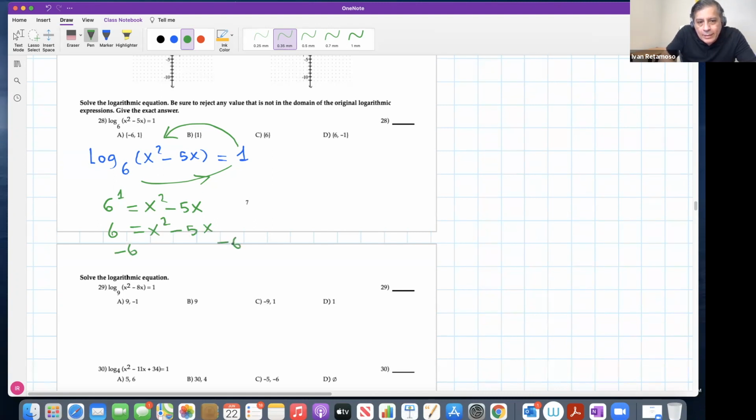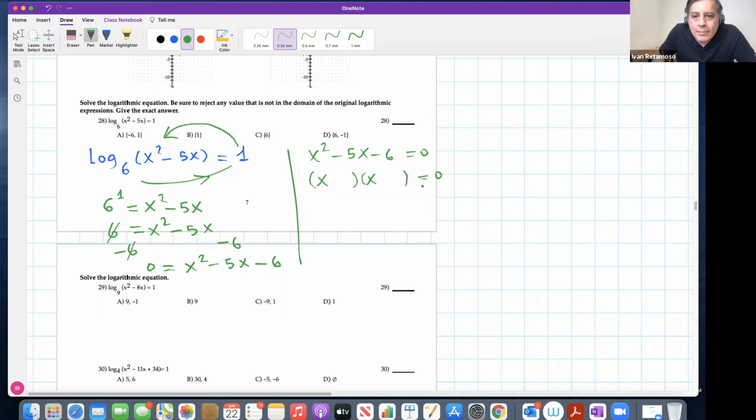Let me move the number 6 to the right so I can leave 0 here: x squared minus 5x minus 6. Now solve that quadratic equation. Hint, use factorization if possible. Worst case scenario, you can use the quadratic formula. But I can see that here it is possible to factor. I need two numbers whose multiplication is -6 and whose sum is -5.